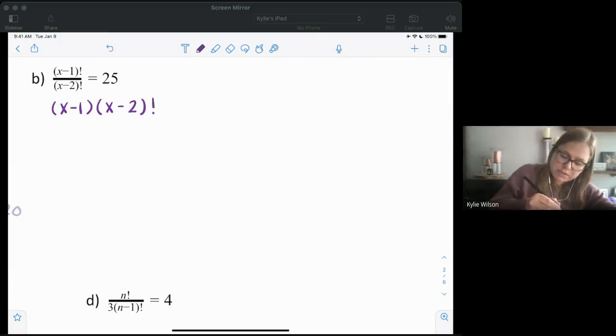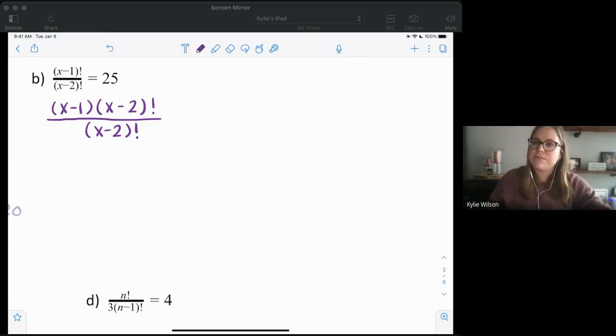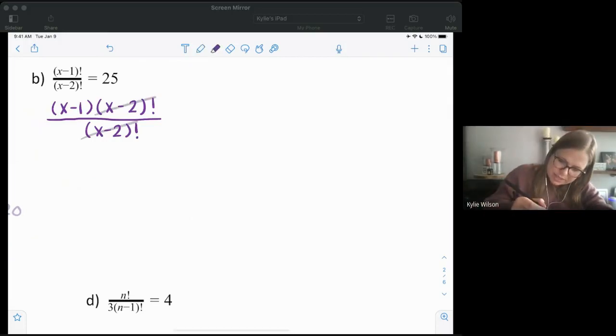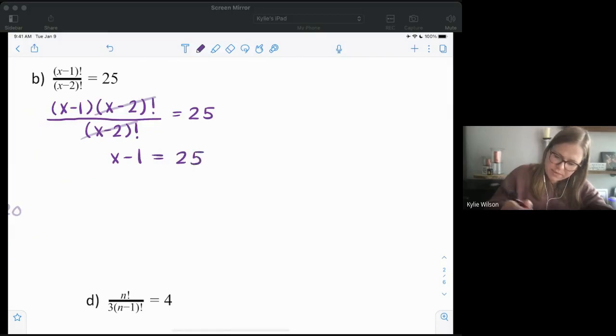I'm just going to put the factorial there so that we can cancel some things. There we go. So now we can cancel out the x minus 2 factorial, and we're left with x minus 1 equals 25.